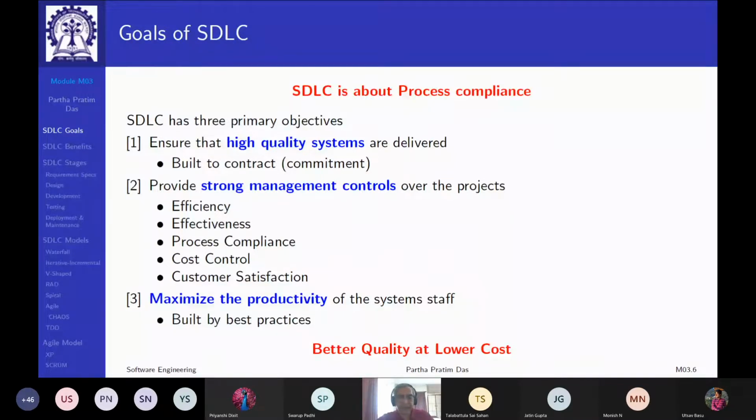You have to ensure that high quality systems are delivered. Here, by quality, one point you'll have to remember is we often think that if something is more expensive, it has a better quality. No, that's not the meaning of quality. That's the meaning of grade.